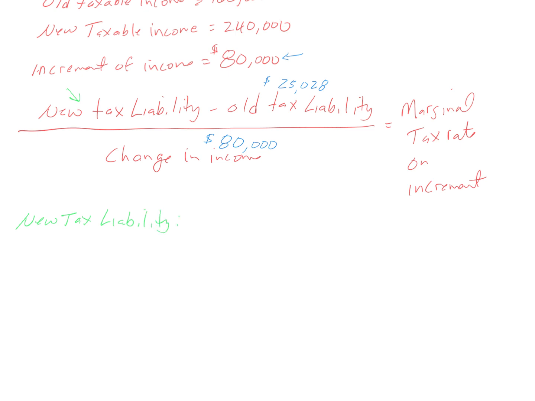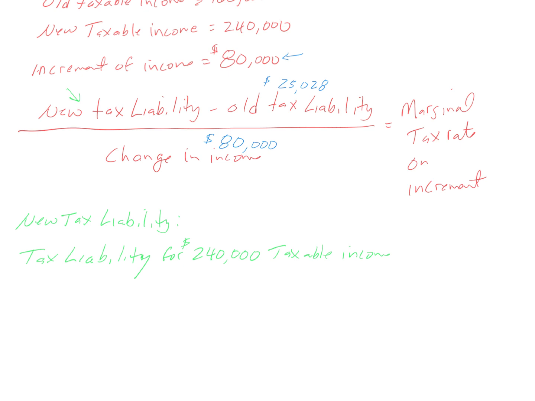So our new tax liability is our tax liability for $240,000 of taxable income, all right?